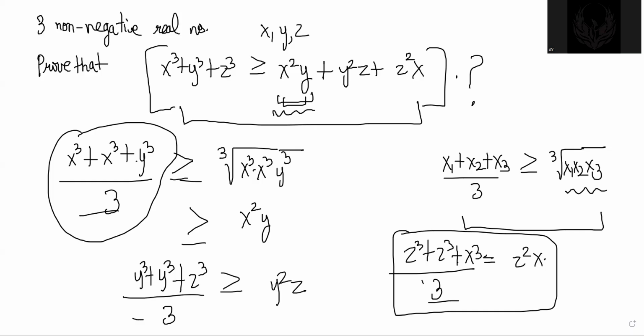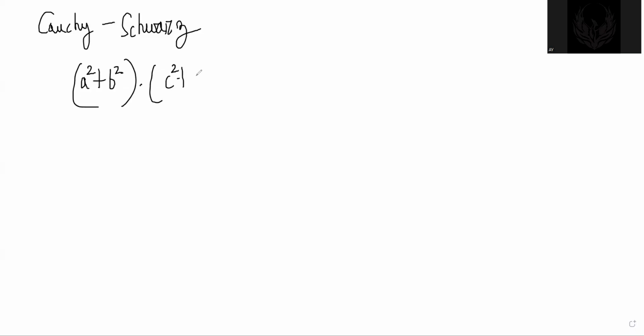The next major inequality, very important, is the Cauchy-Schwarz inequality. This goes like this: a square plus b square times c square plus d square is greater than or equal to ac plus bd whole square.